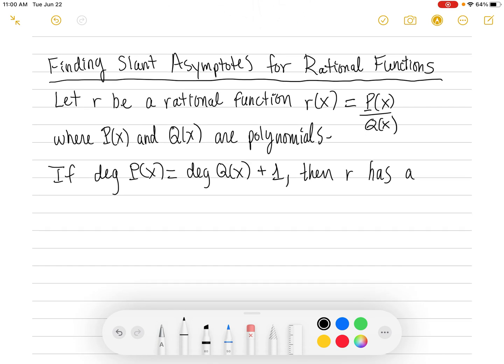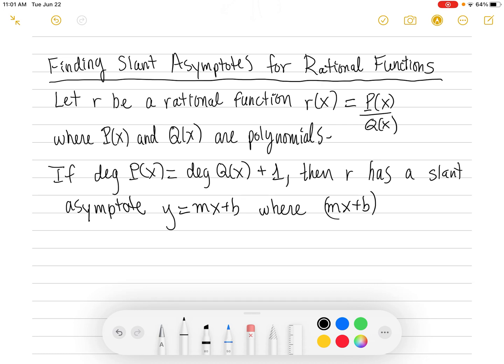then R has a slant asymptote. It's a slant asymptote, y equals, let's write it as y equals mx plus b, where mx plus b is the quotient of P of x divided by Q of x.